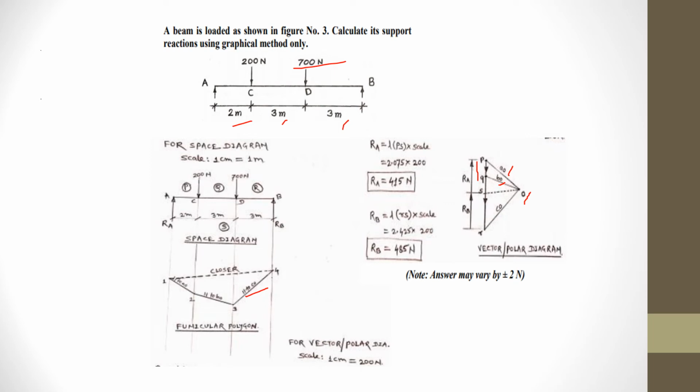Now 1 and 4 points draw by a dotted line, dotted line 1 to 4. Now draw parallel line to this line in vector diagram. So we will get point S here.